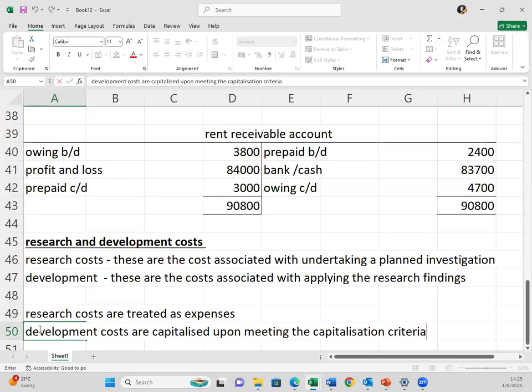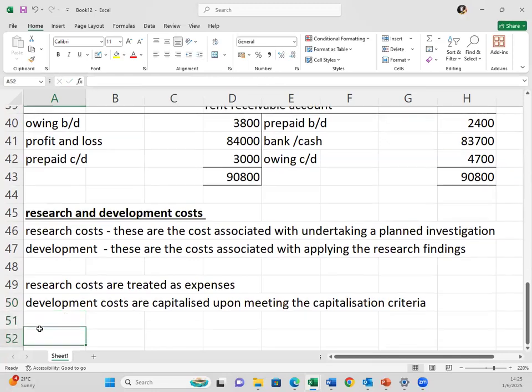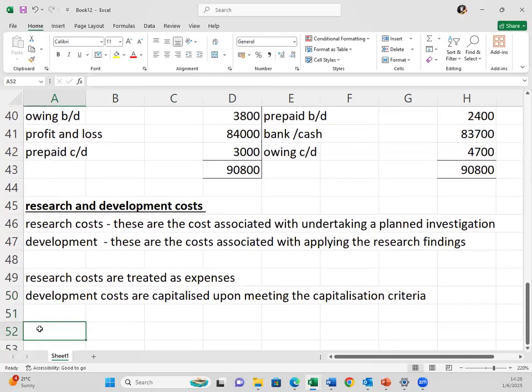So you don't just capitalize the development costs. They must meet the capitalization criteria. If they fail to meet the capitalization criteria, we treat them as expenses as well.